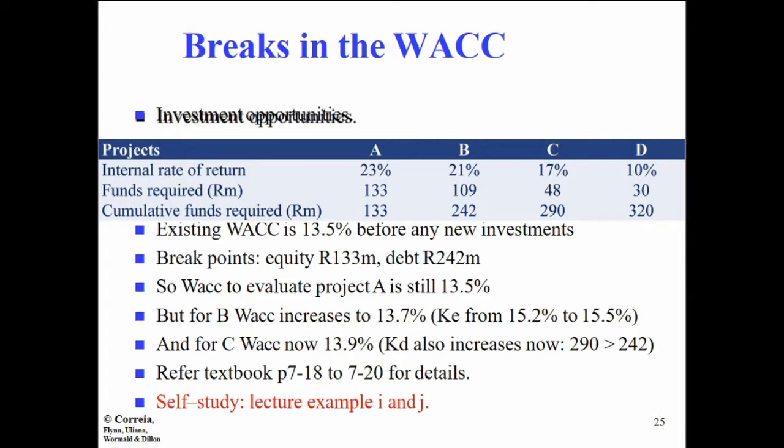And for project C, the cost of capital will be 13.9%. The textbook shows how these new WACCs have been determined. And like I said previously, project D should not be accepted, as its return of 10% is lower than the company's lowest estimate of WACC. Please have a look at the lecture examples I and J to revise this concept.